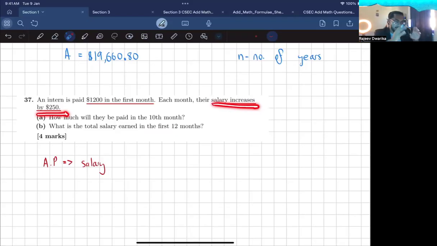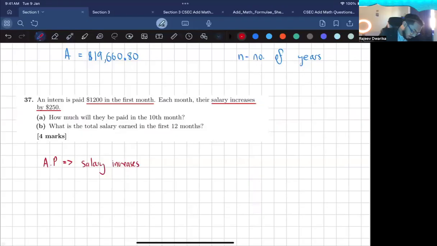The common difference is like the linking term. To go from one term to the other, you have to add 250. So we know it's an AP because the salary increases by a fixed amount, and that is 250.